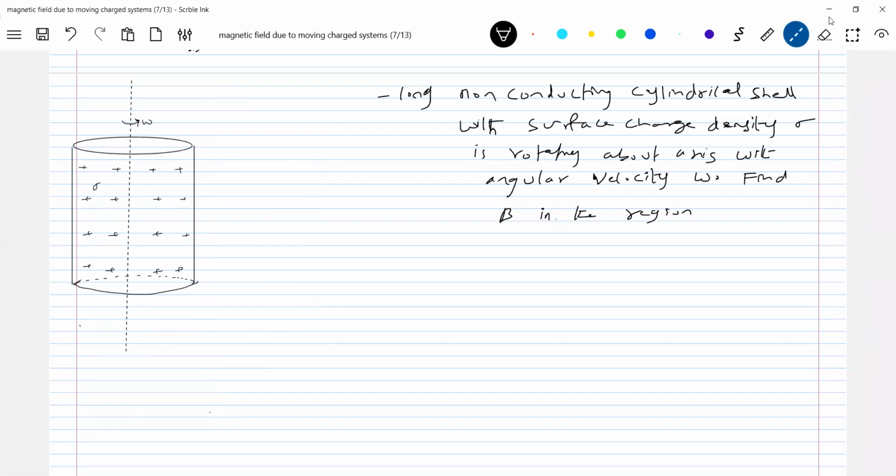Then this sigma. The charge is present only in that blue shaded part. Please notice that. It is non-conducting, so charge will be there only on one surface.